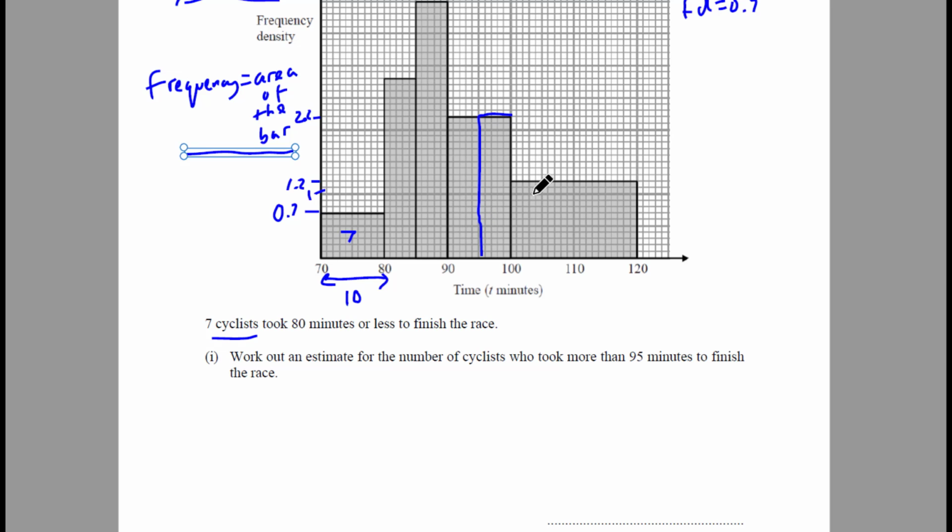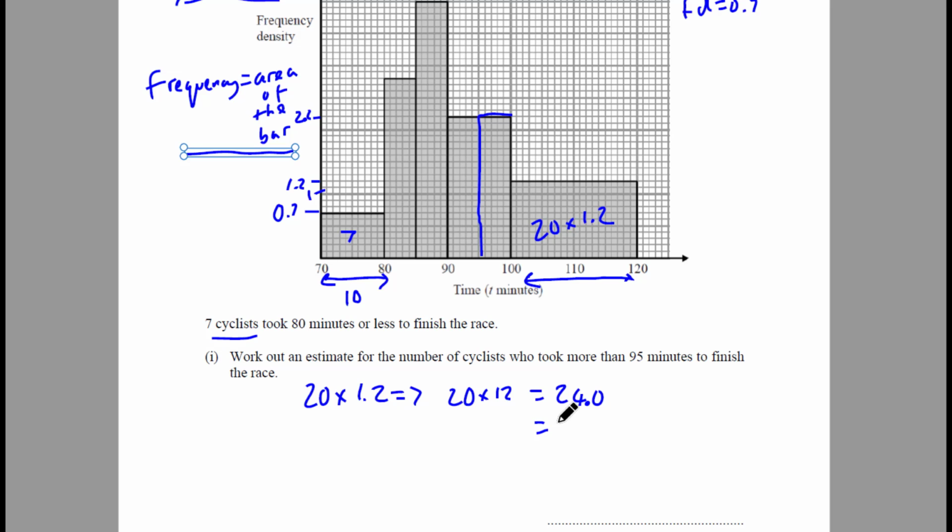So let's do this bar first. So we've got this width of 20 here. And so we need to do 20 times 1.2. So if you can't remember how to multiply decimals, we can just change that to 20 times 12, which equals 240, and put the decimal back.